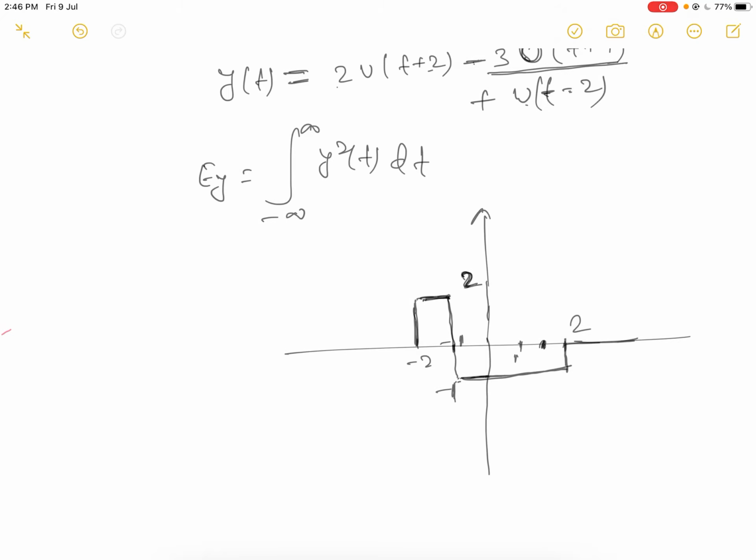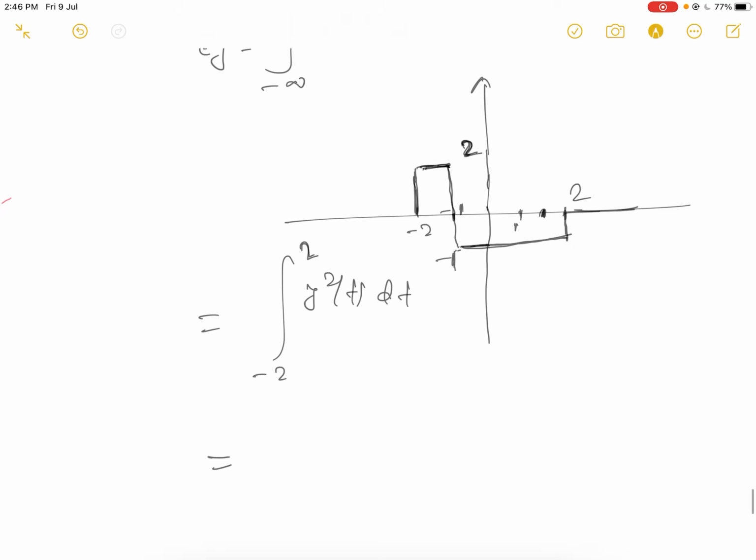It means our signal is defined from -2 to 2, so there is no need to integrate from minus infinity to infinity; we integrate from -2 to 2 of y square t dt. At different positions the magnitude is different, so we split the integral into -2 to -1 and -1 to 2.